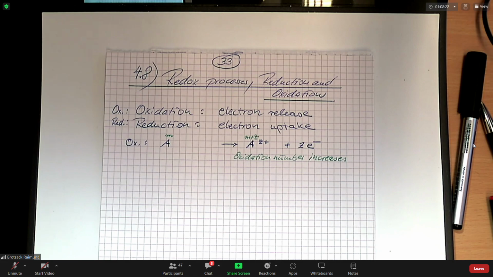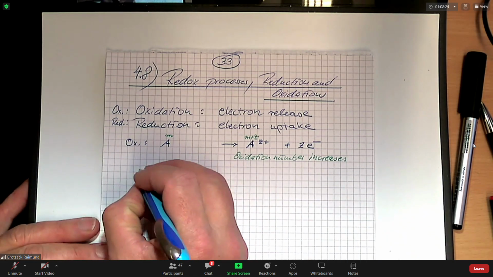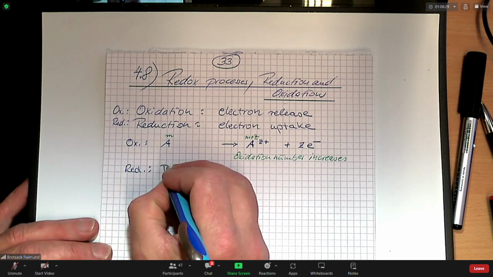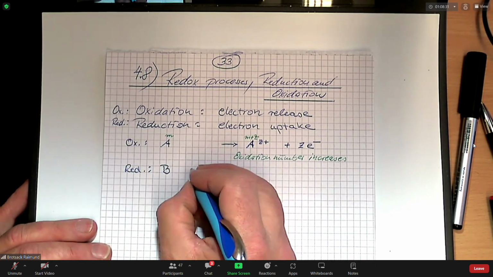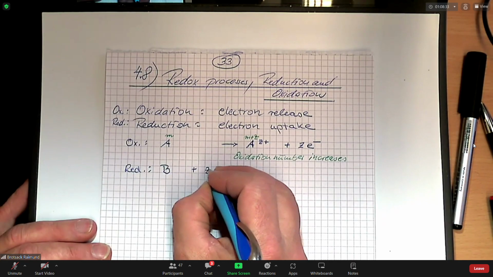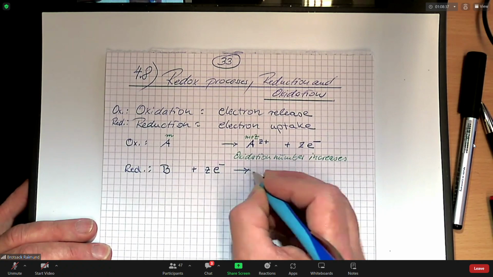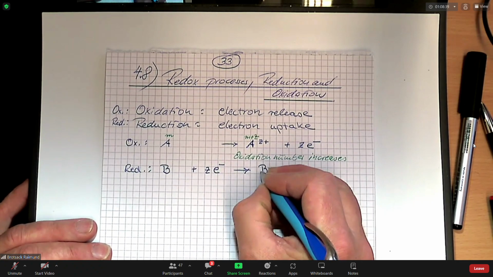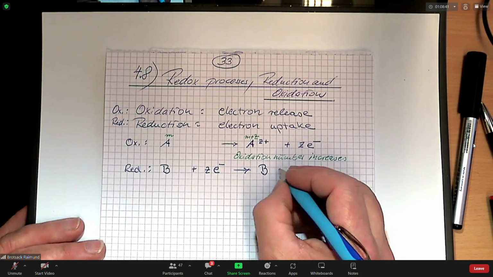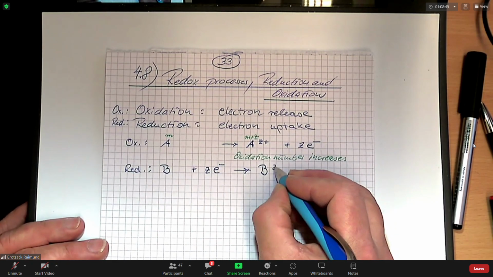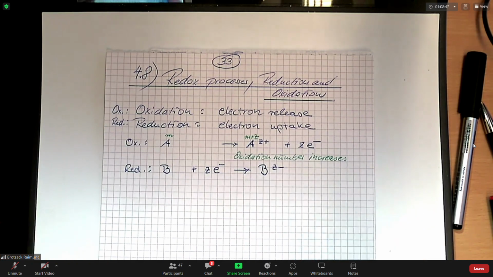Of course, for the reduction, we have the opposite situation. We have an element B. Now we take up the number of Z electrons, and we end up with the element B as an anion with the number of Z negative charges.